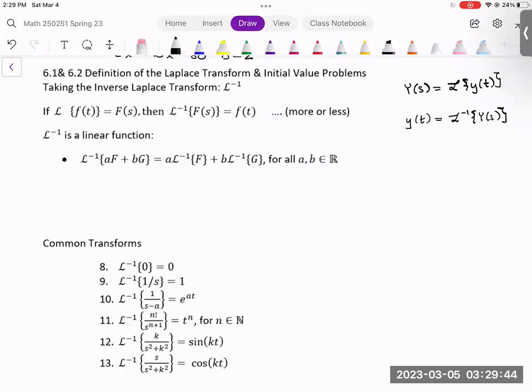This inverse Laplace transform is a linear function, just like the forward version, the Laplace transform was. Okay, so if we had the inverse Laplace transform of a sum, we can break it up across the sum. If you had scalar multiples, we can pull the scalars out.